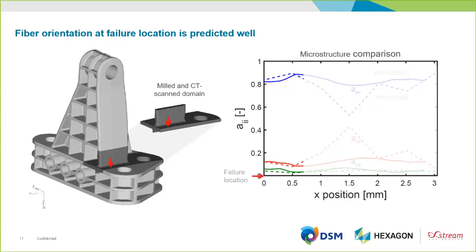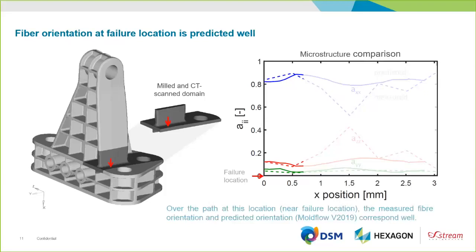And this red arrow is very close to the actual failure location of this part in a fatigue lifetime. So at least for the fiber orientation, we know that we have a good estimate to go into our fatigue calculation as an input. So that's already good to know and to have no uncertainties about that.